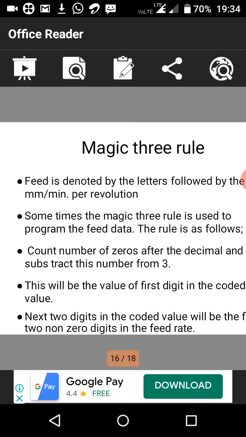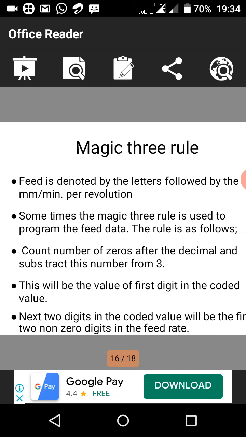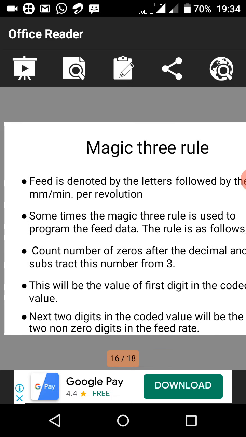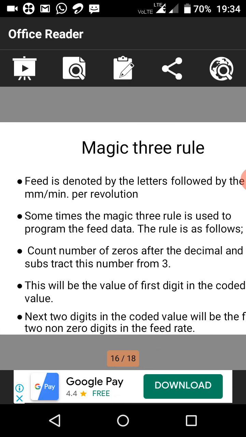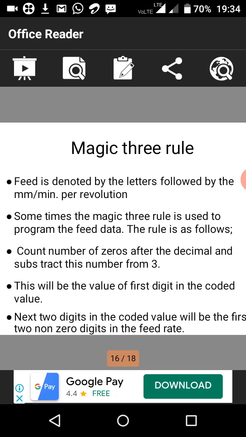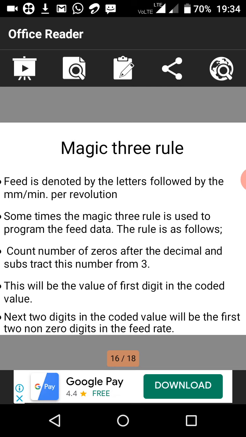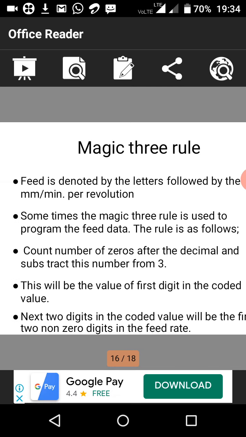Next, feed is denoted by the letter F, followed by millimeters per minute or per revolution. Sometimes the magic 3 rule is used to program the feed data also. We can use the rule as follows. Count the number of zeros after the decimal and subtract this number from 3.